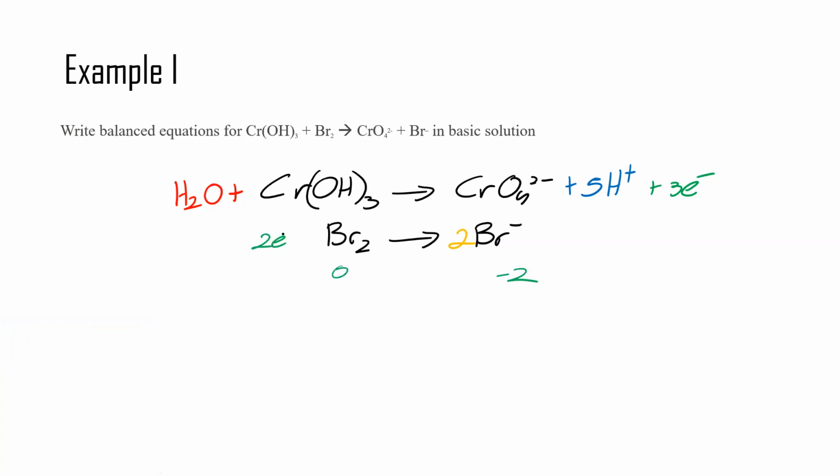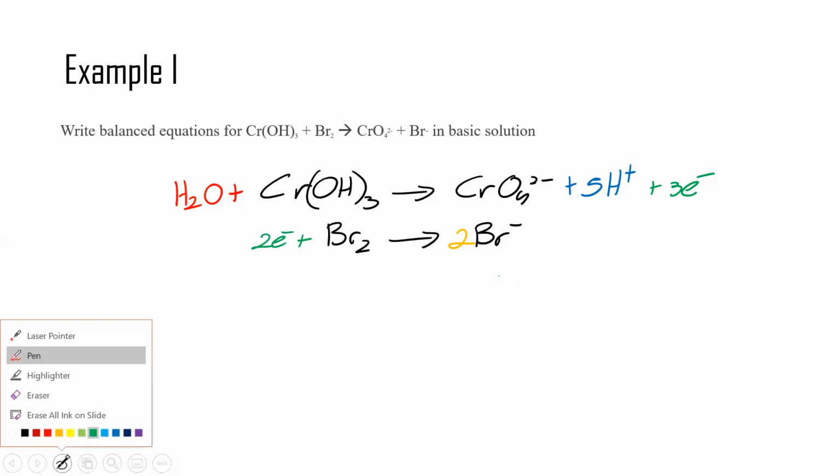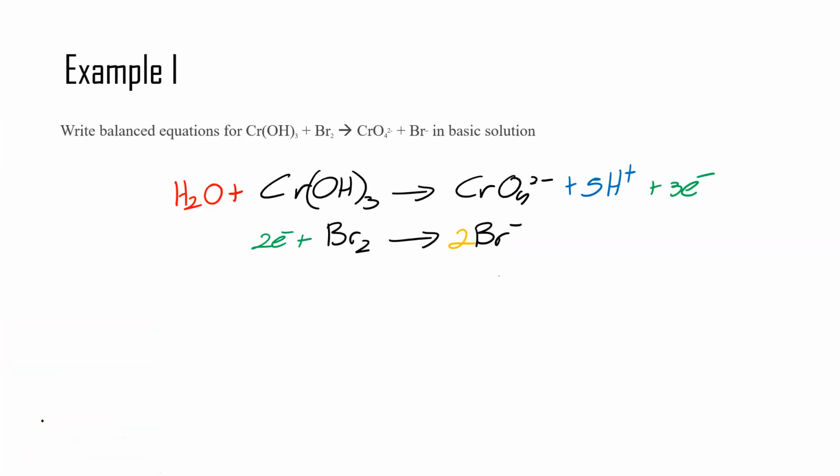So we need to add 2 electrons to the left side. At this point, we realize that you have 3 and 2, so the common denominator is going to be 6. So the top one will be times 2, the bottom one will be times 3.